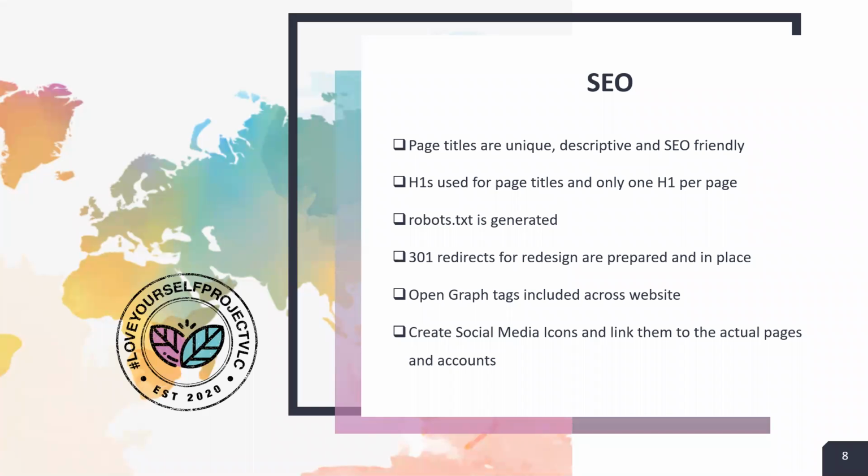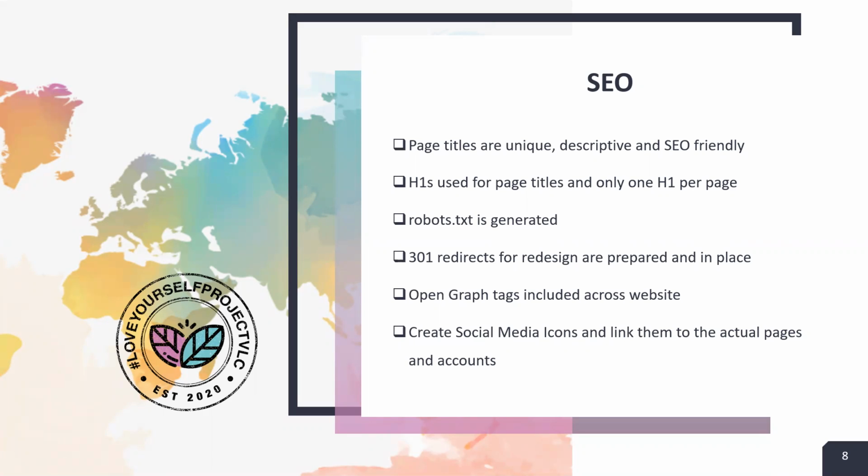Now for SEO, you want to make sure that your page titles are unique, descriptive, and SEO friendly. All your heading 1s are used for page titles and only one heading 1 per page. You've generated the robots.txt. Your 301 redirects for redesign are prepared and in place.